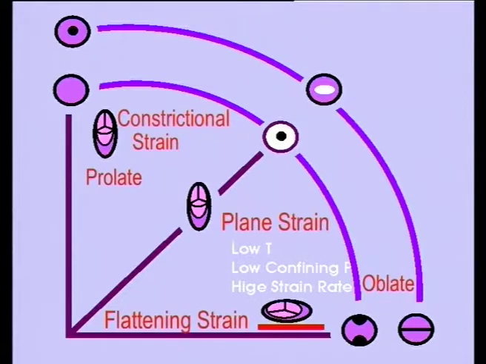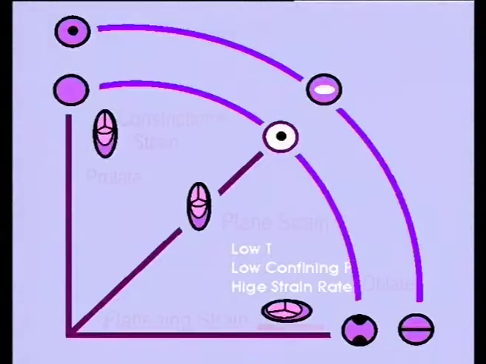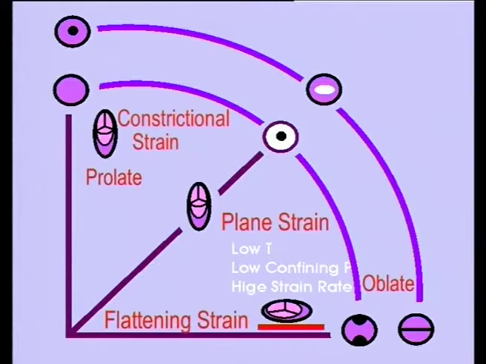So, we can see that there are 5 possible types of strain ellipsoid. One where there is extension along one direction and equal shortening along the other two, uniaxial extension. One where there is equal extension along two directions and shortening along the third, uniaxial flattening.